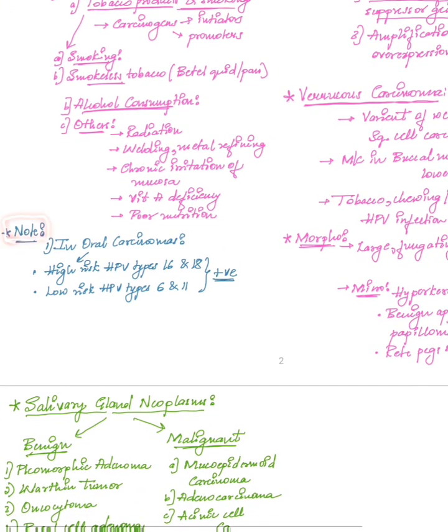One side note: in oral carcinomas, both types of HPV may be positive, that is high risk HPV types 16 and 18 and low risk HPV types 6 and 11.